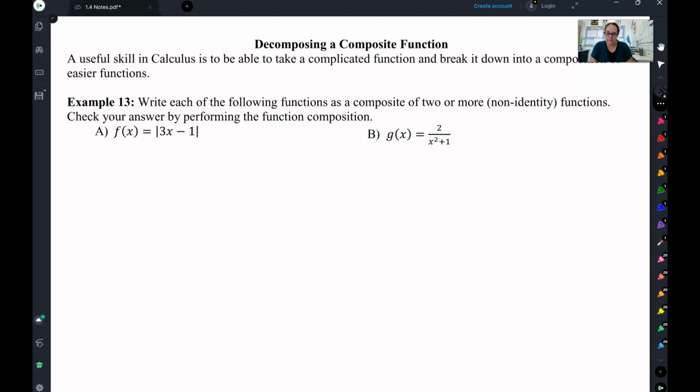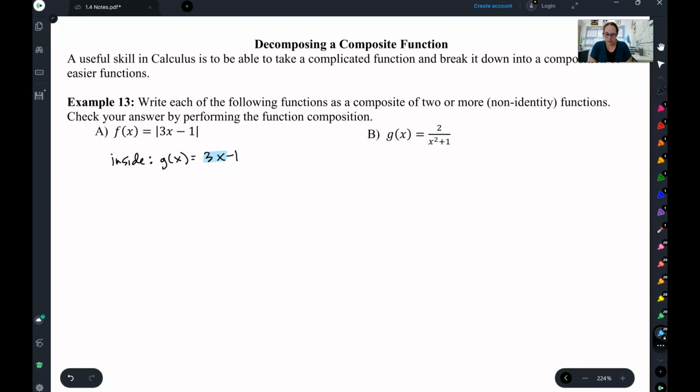If I look at f, I can see that inside f of x, I have, I'm going to call it g of x, equals 3x minus 1. That is the function that is inside those absolute values.